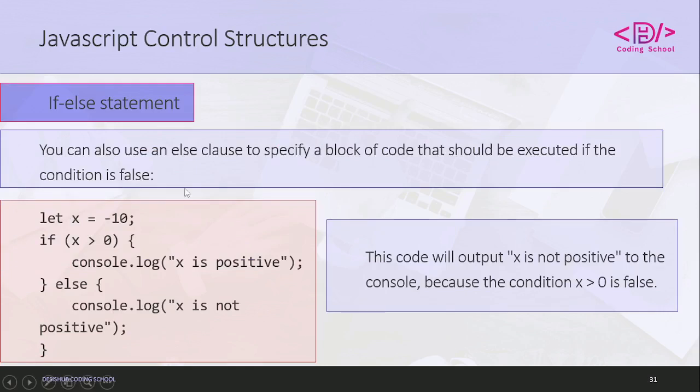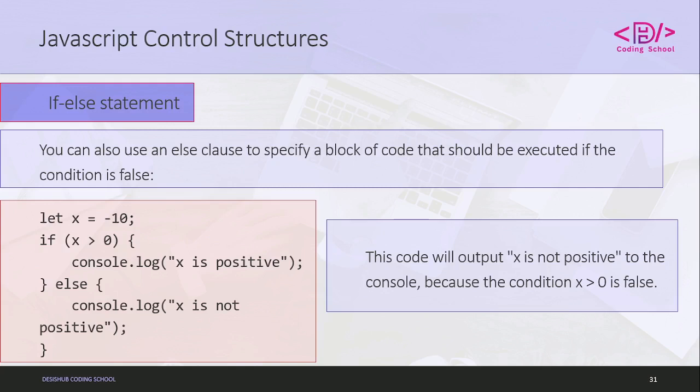So the if statement is not that hard, but we have to cover it, and we know how to take advantage of it in most of the scenarios when you are doing JavaScript. You can use the else clause to specify a block of code that should be executed if the condition is false. Not all the time is the condition going to be true, and that is why you compare in the first place, because there is a possibility that the condition is not true.